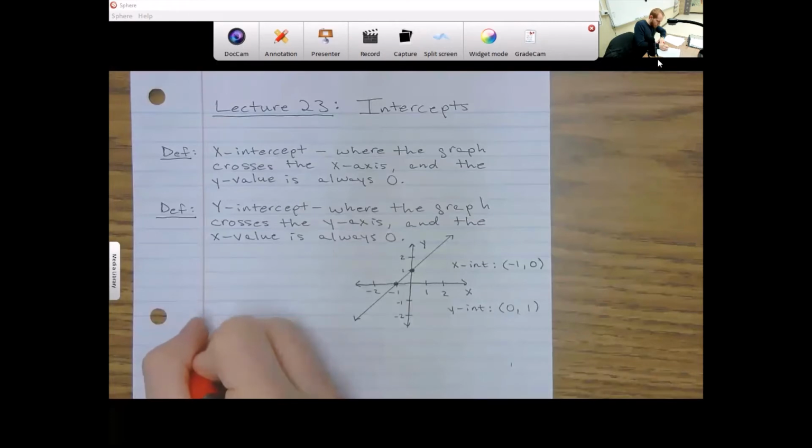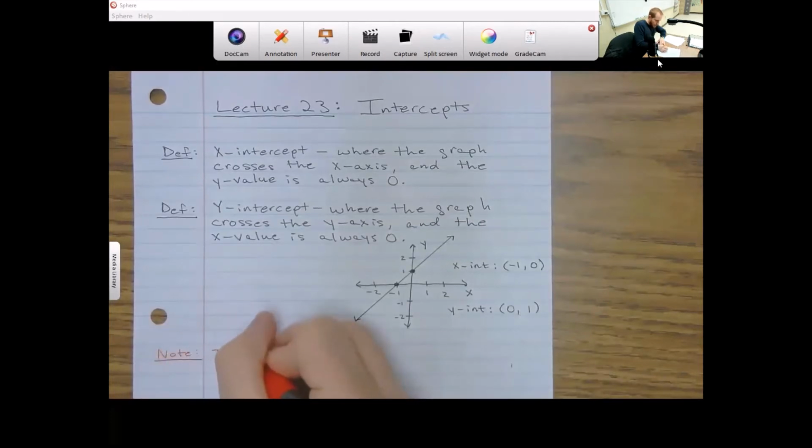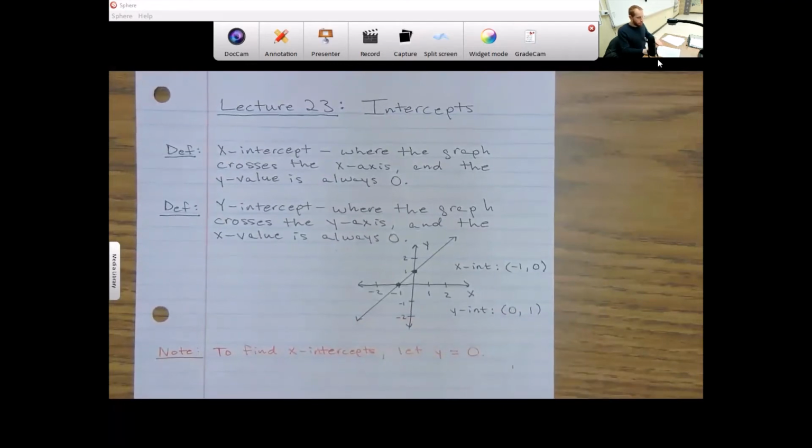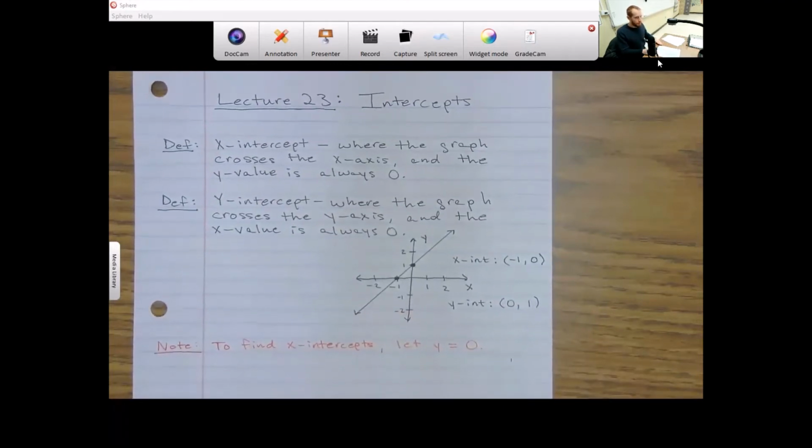So, notes. To find x-intercepts, let y equal 0. Okay?